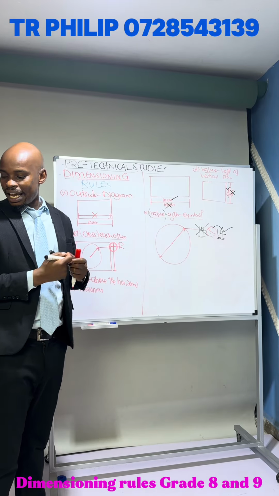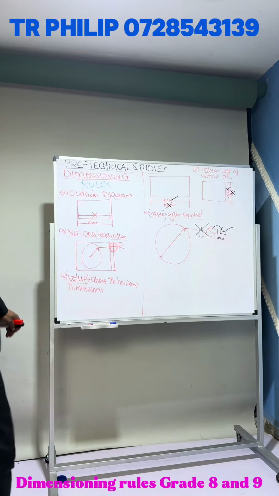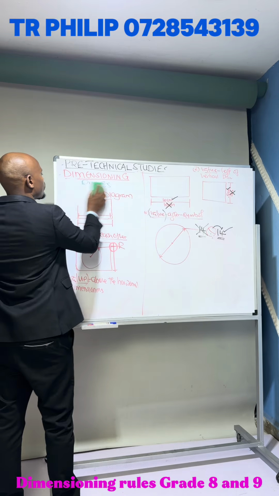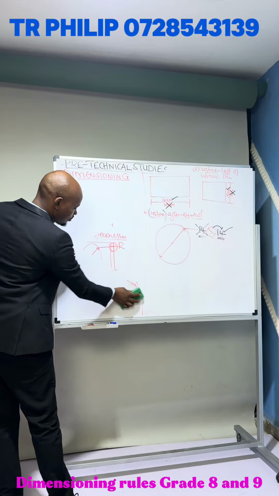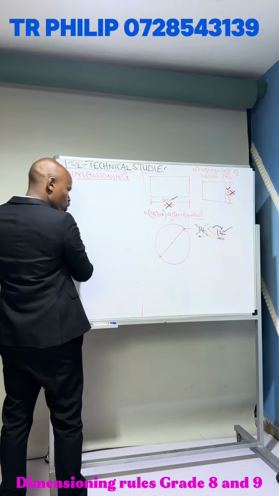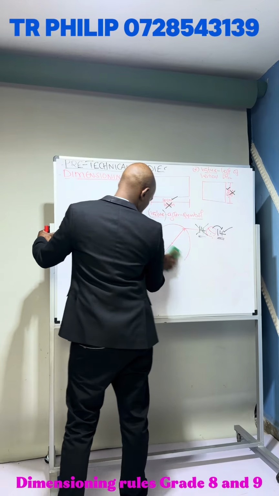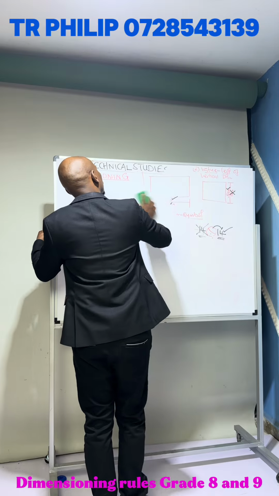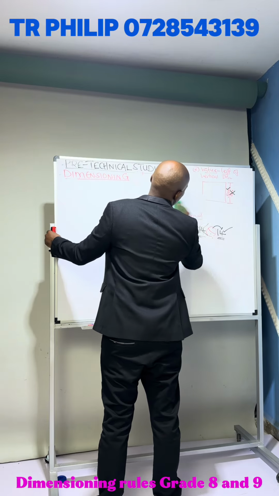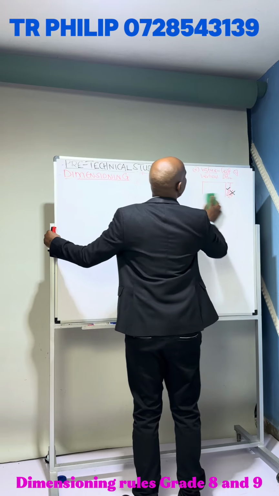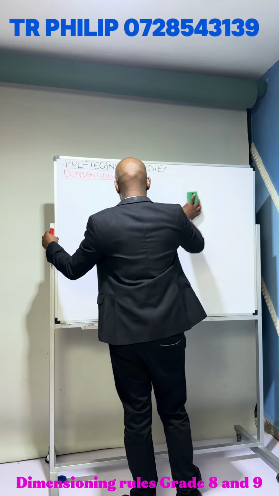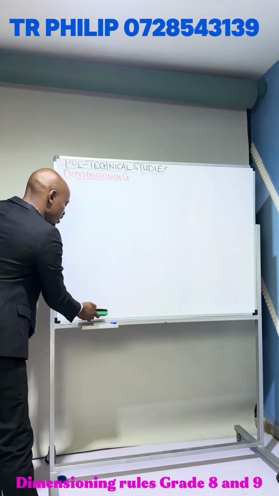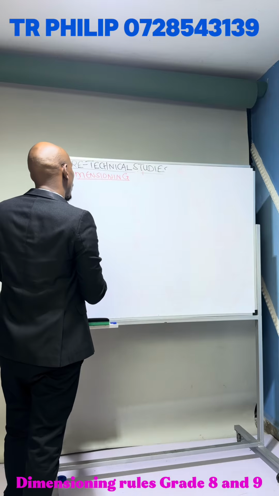But in the same breath, boys and girls, now that you know how dimensioning is done, you have the rules with you. Can you dimension as your specific learning outcome requires you?